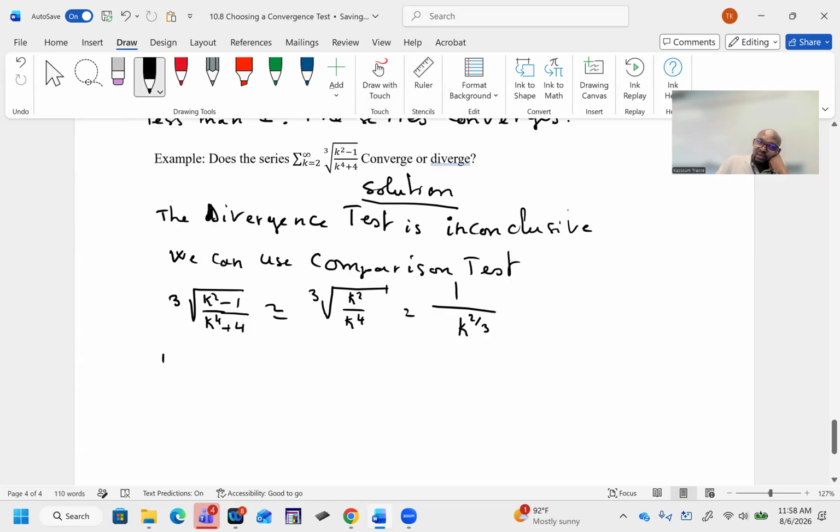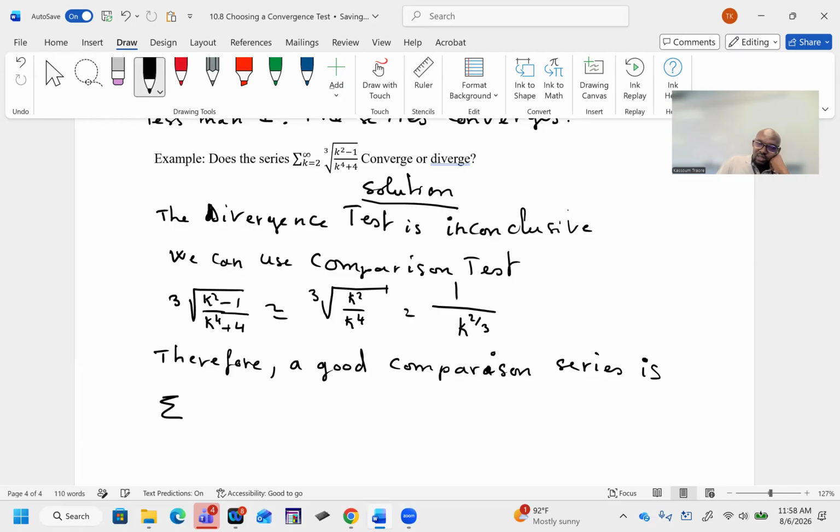So therefore, a good comparison series is the sum of 1 divided by k to the power of 2 thirds.